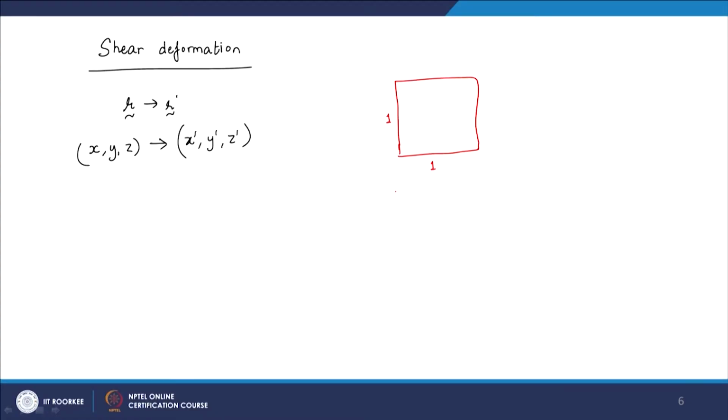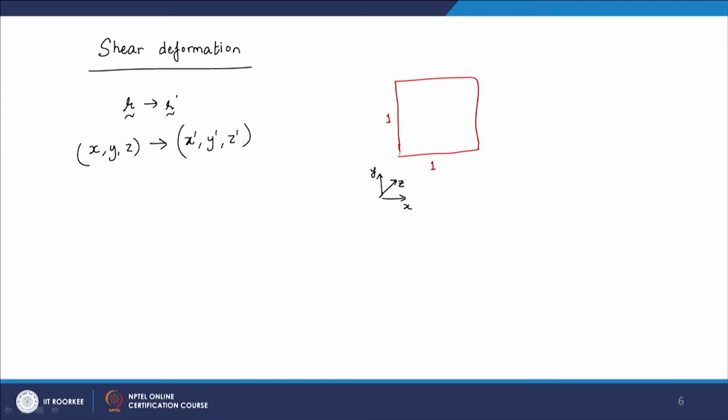We also have a z direction, but we assume that shear is being applied in the xy. So, this is my x, this is my y, and then perpendicular to this will be z that I am not drawing here, and this is my initial state.